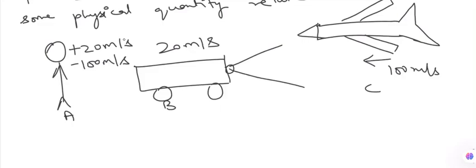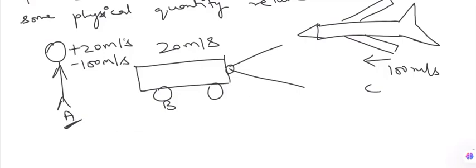As per B, the velocity of this particle will be minus 20 meter per second. It is coming from the opposite direction towards it, isn't it? Because this object is going in this direction. So as per him, this object is going away from him at the speed of 20 meter per second. Making sense? Yes, ma'am. Okay.